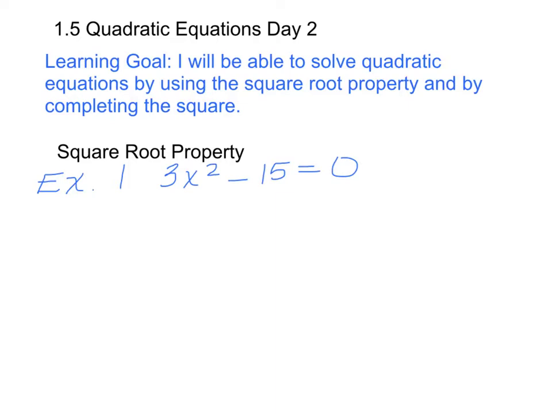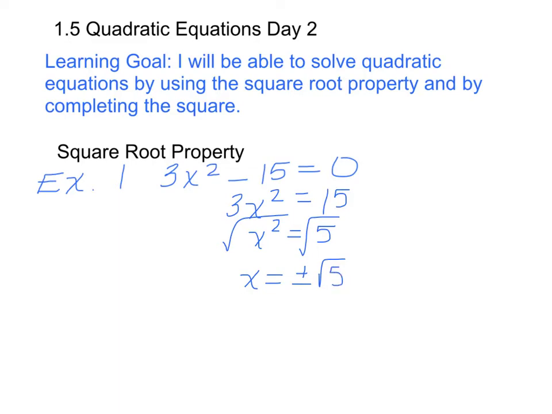What you want to do is to get the x squared by itself. And you move the 15 over, divide by 3. So you want to get here first before you square root both sides.